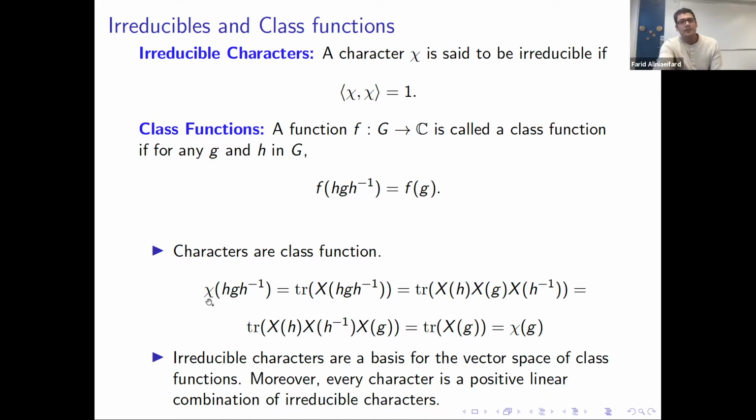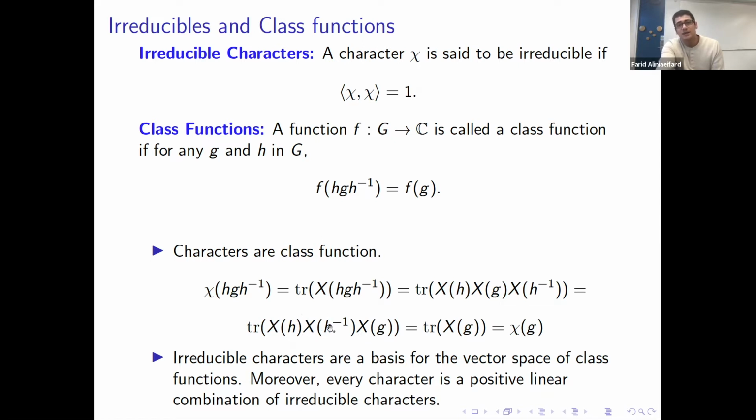So if I want to compute chi of h inverse g h, this is equal to the trace of some representation X of h inverse g h. This X is a group homomorphism, so I can write the trace of X(h inverse), X(g), X(h). And since trace of AB is equal to trace of BA for two matrices A and B, this is equal to the trace of X(h) X(h inverse) X(g).